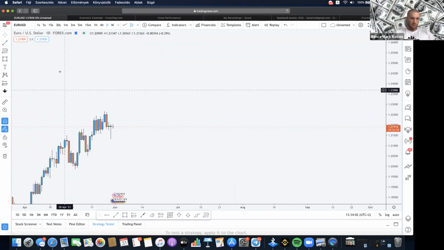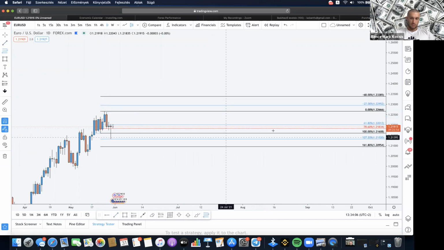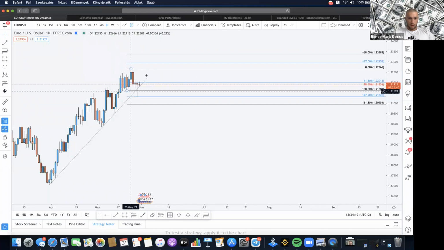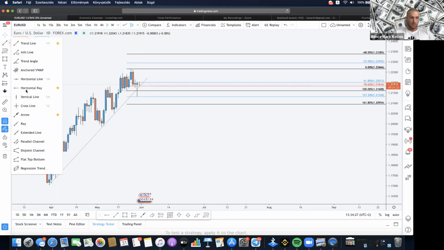For me, still bullish. Also, if I show you this Fibo from low to high, you can see the price closed above the 78.60. And you can see basically it's still bullish. It creates higher highs and higher lows. So what I'm expecting is still an upside move.